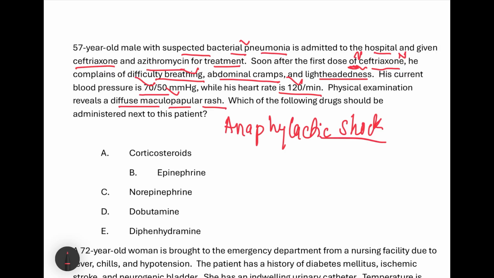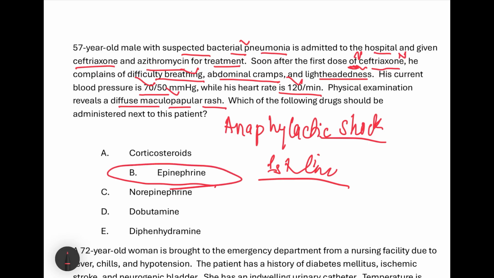And you guys know, in anaphylactic shock, which drug should be administered? The first line drug we are going to administer is epinephrine. The answer is epinephrine.